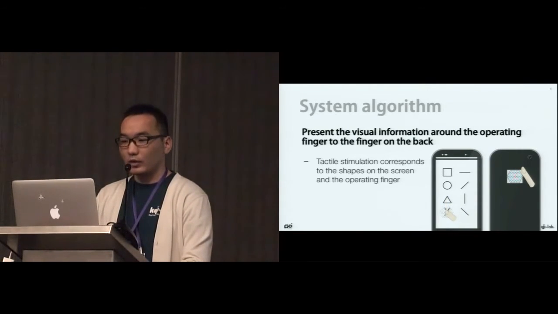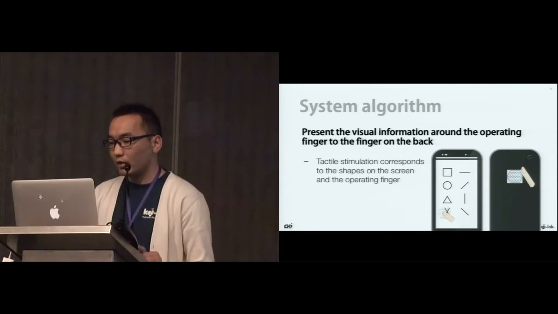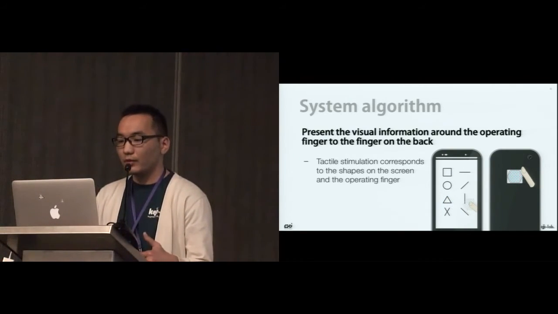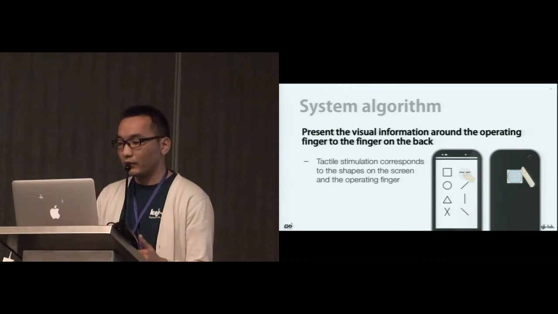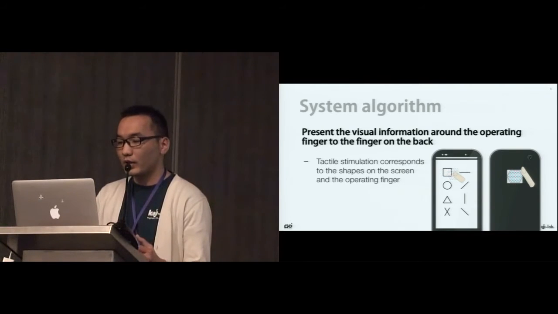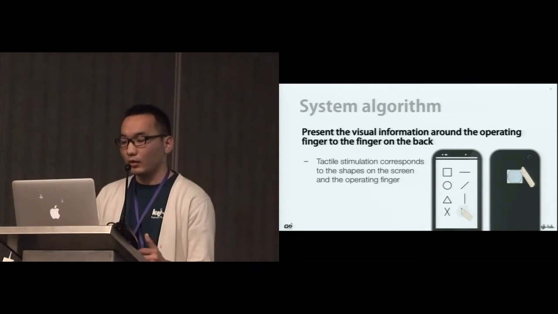Here is the system algorithm. As I mentioned before, in our system, the information around the operating finger is presented to the finger on the back. The tactile pattern corresponds to the shape displayed on the screen and the operating finger. In other words, the tactile pattern follows the movement of the operating finger, and the user can perceive the shapes tactilely with their presentation finger on the back.